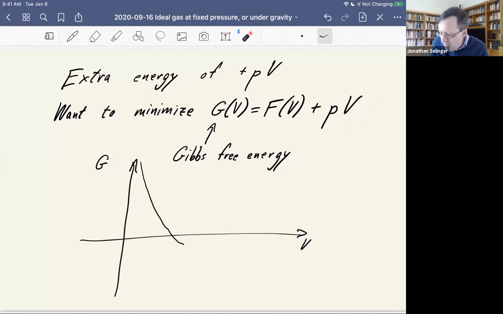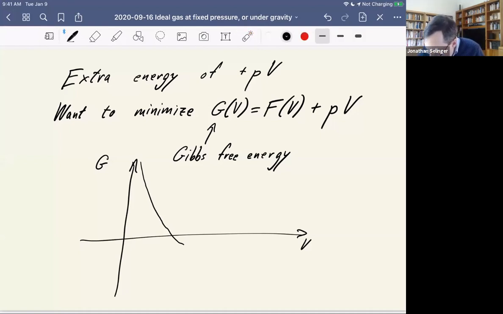This logarithmic term is going to negative infinity, but this term is going to go to positive infinity, and it goes to positive infinity faster than this one goes to negative infinity. So it dominates. The linear term is dominant over the logarithmic term.